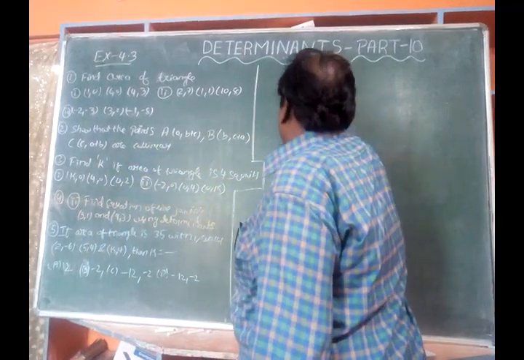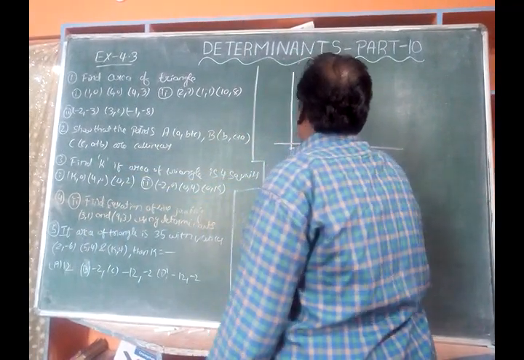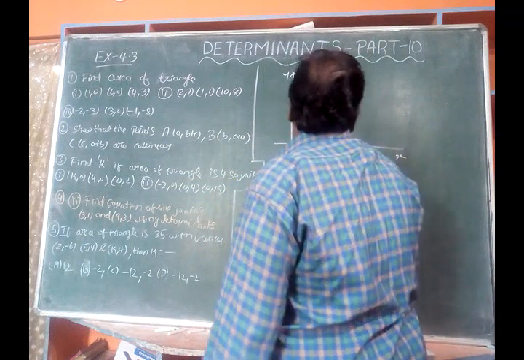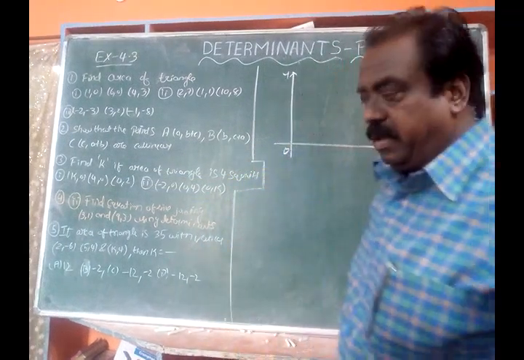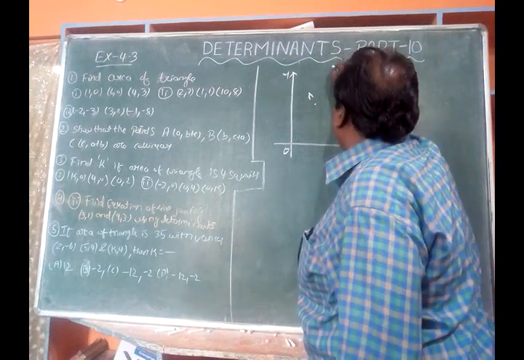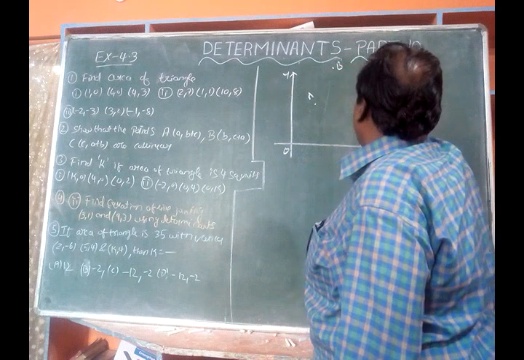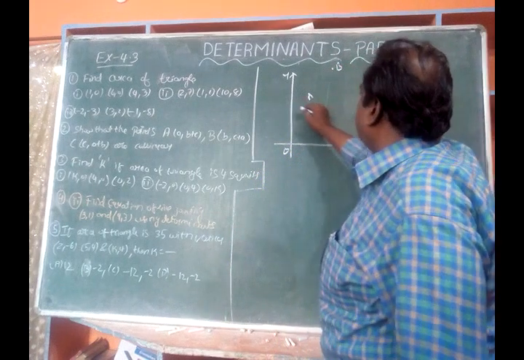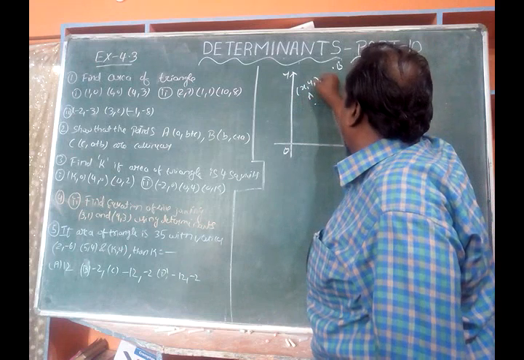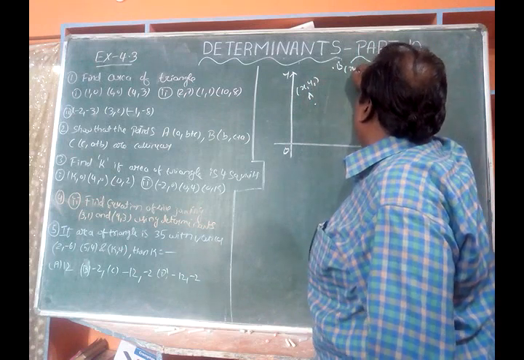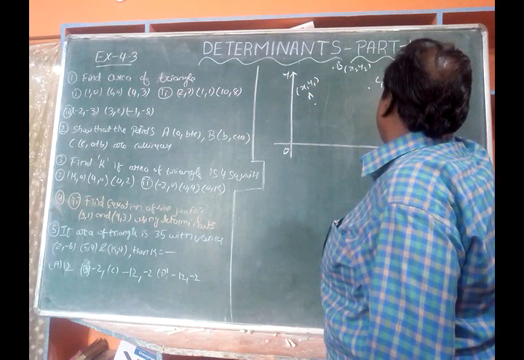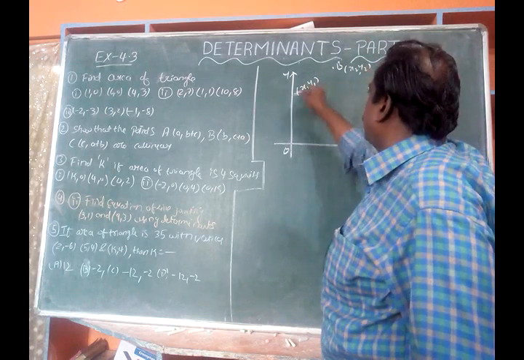Suppose in the plane there are 3 points whose coordinates are x1, y1 and x2, y2 and x3, y3.